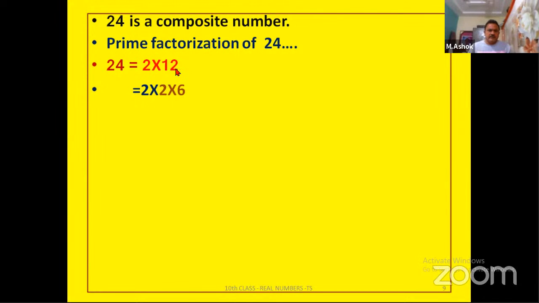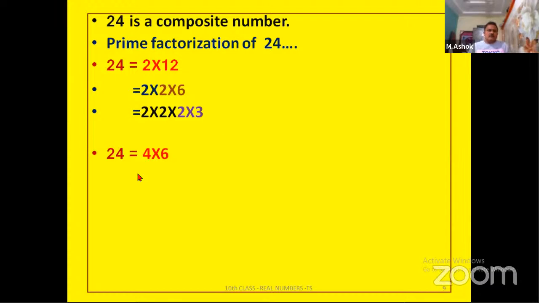So 2 into 12, and 12 can be written as 2 into 6. Again 6 is not a prime number, so write it as 2 into 3. Finally, all these are primes: 2 into 2 into 2 into 3. So the prime factorization of 24 is 2 into 2 into 2 into 3. Look at one more.